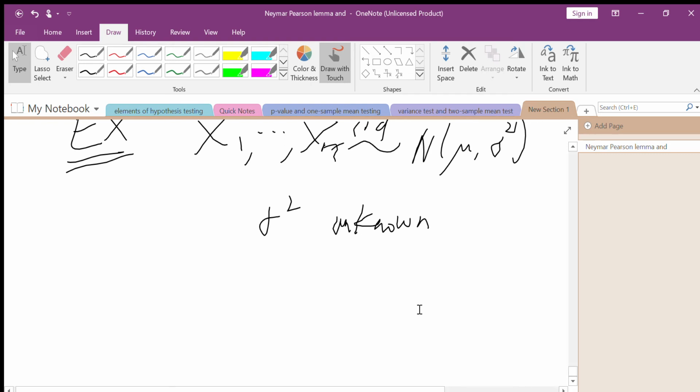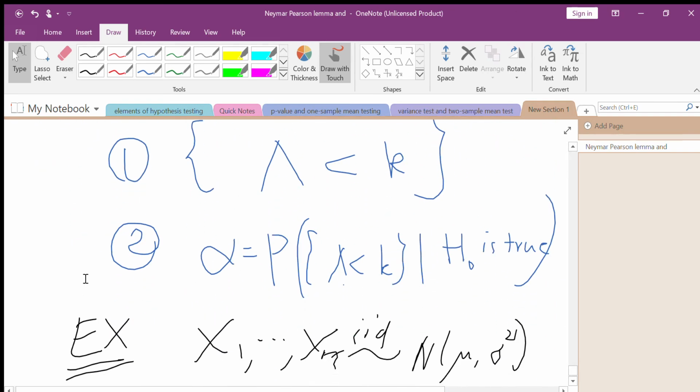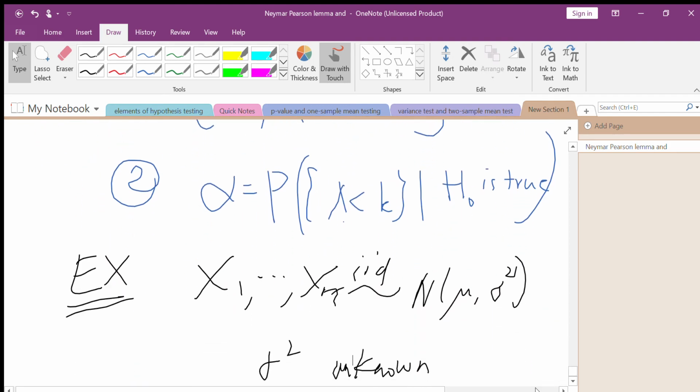So let's first write the likelihood ratio test statistic. How to write it? The first step is to write in this way. The second step is to find this. So okay, let's first see the first step.